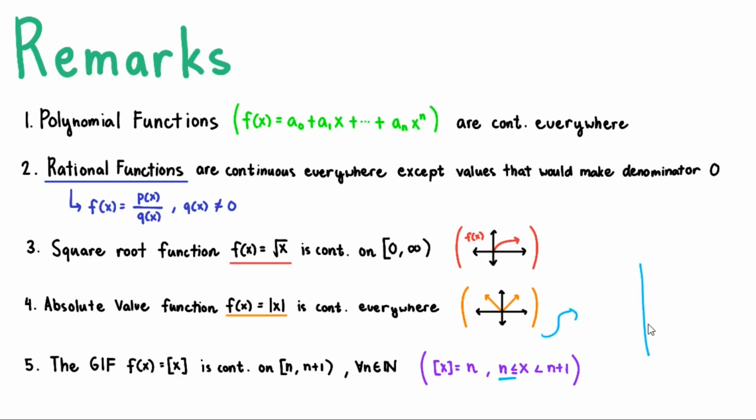If we try to recall, its graph is given by this, and this, like that. So it is continuous on 0 to 1, then 1 to 2, then 2 to 3, and so on.